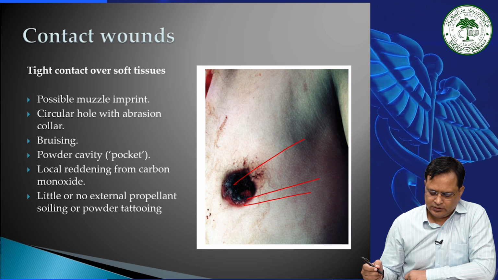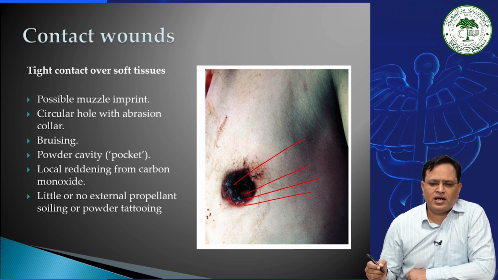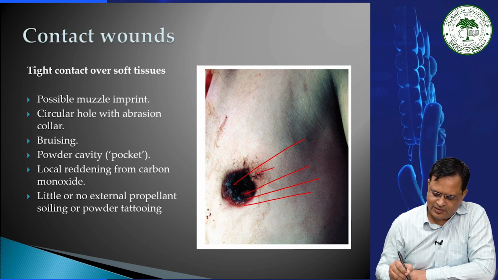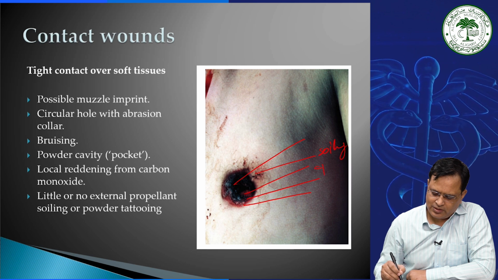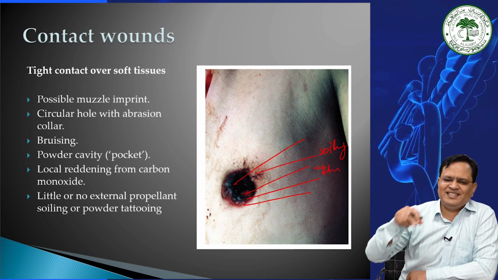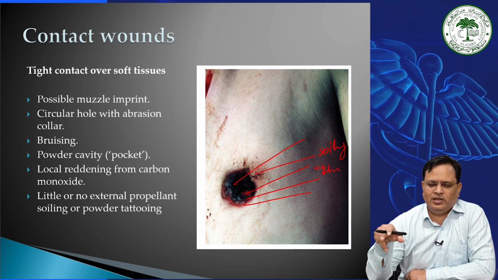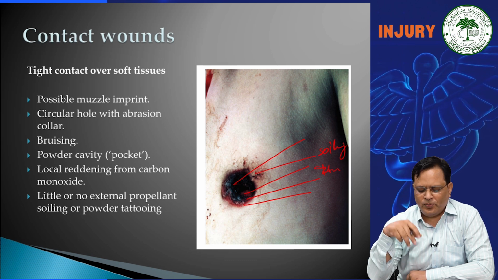Local reddening, carbon monoxide. No external propellant swelling; very little swelling or tattooing, whereas most things go inside. Flames and other things go inside the body and don't come out because of the ballooning or dome formation.